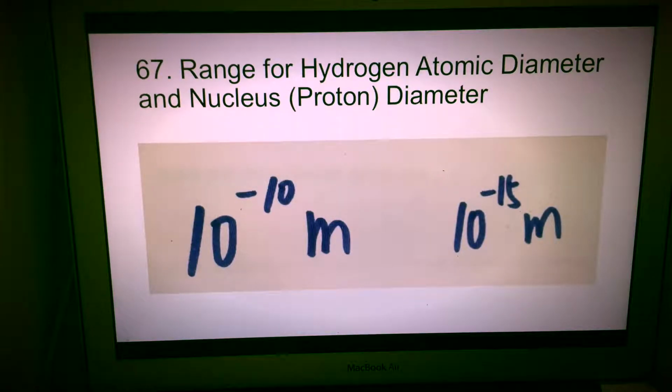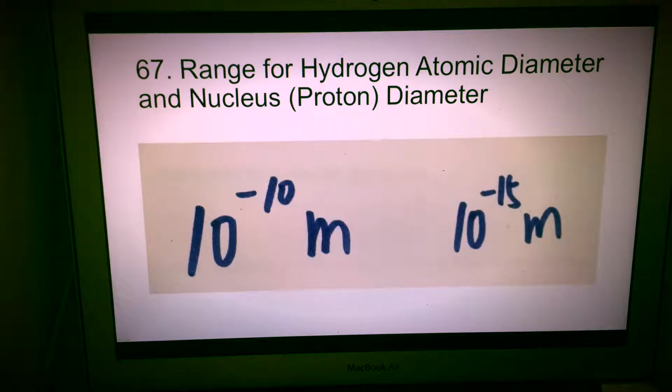67. Range for hydrogen atom diameter and the nucleus diameter. The proton and the whole particle, the distance between that, the nucleus is really small. It's probably 10 to the negative 15 meters, and the hydrogen atom diameter is 10 to the negative 10 meters.